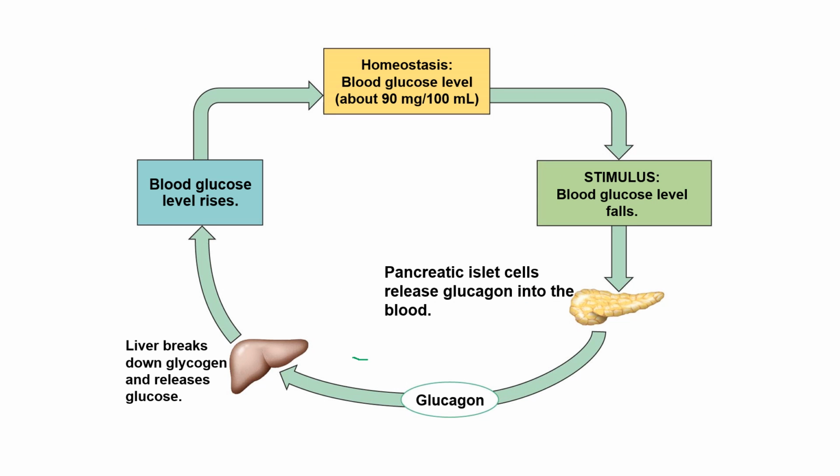So glucagon is going to cause liver cells to perform glycogenolysis, the splitting apart of glycogen, and the resulting glucose is released into the blood, and that results in a higher blood glucose concentration. And so we've restored the physiological variable to the set point. It's a negative feedback system. The fact that blood glucose has returned to the normal range of about 90 mg per deciliter, that gets detected by those pancreatic islet cells, and glucagon secretion is shut off.